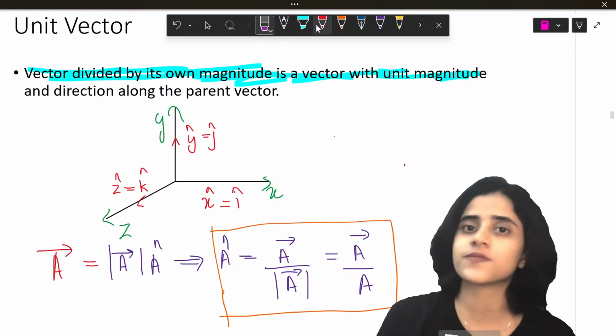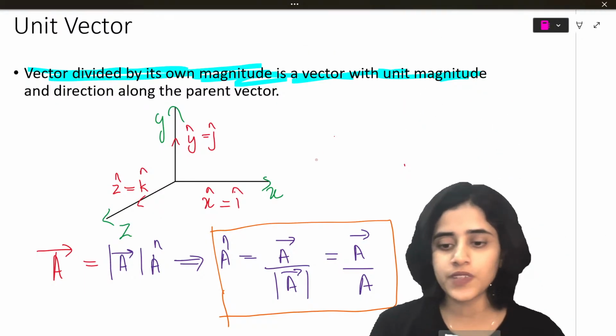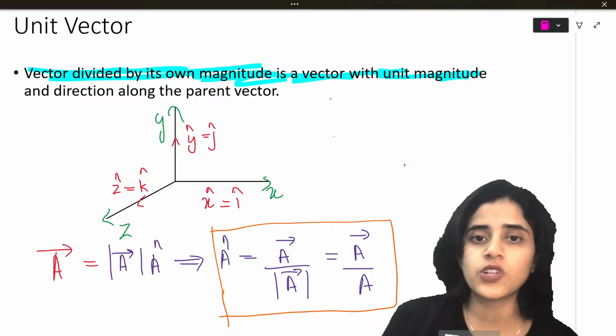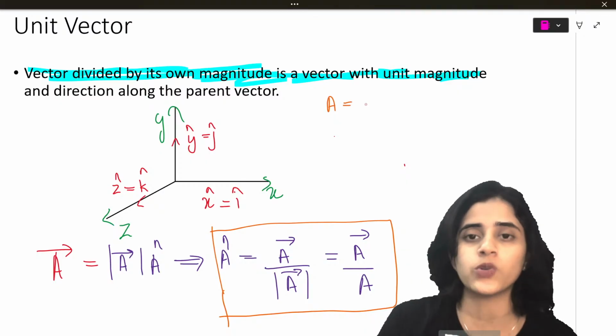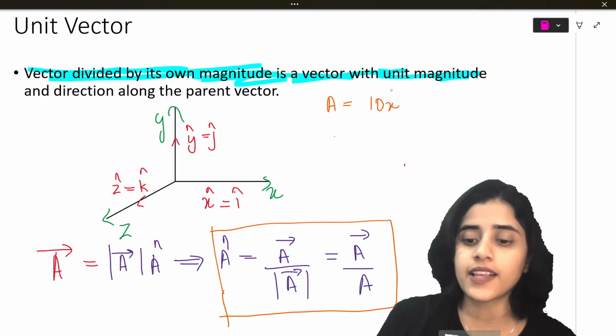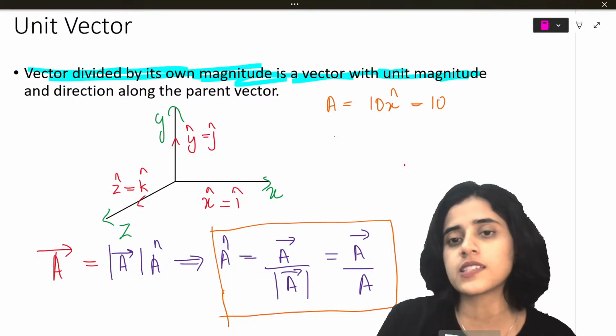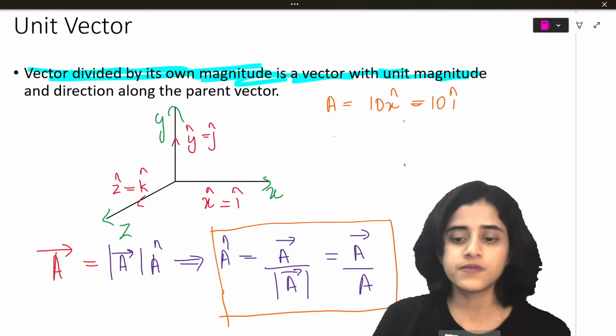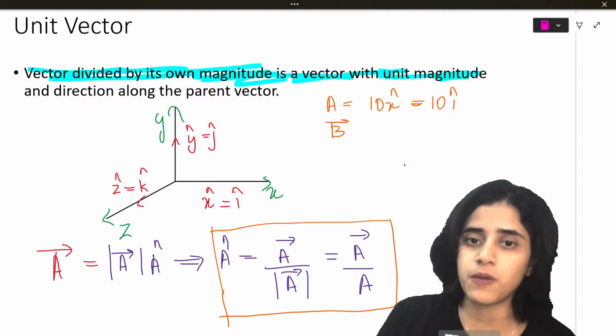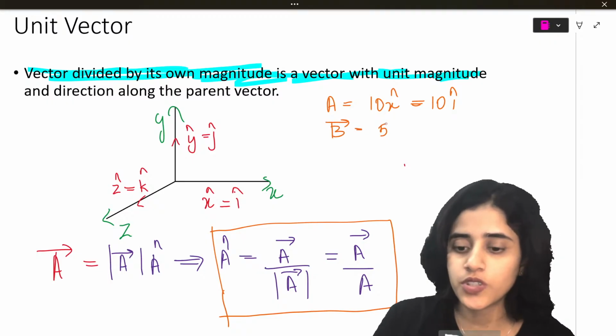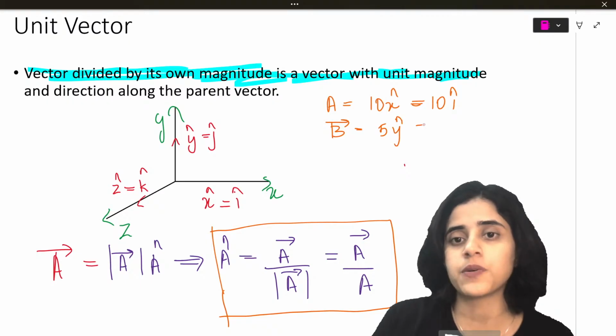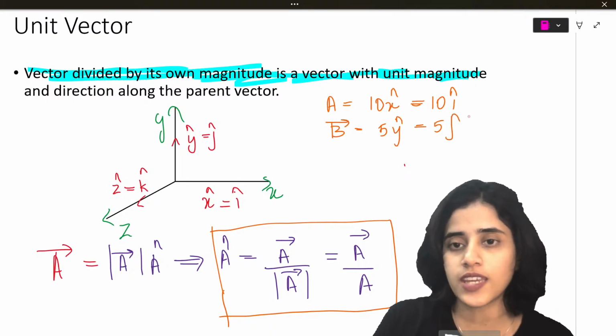Now let's write down an example. Let's say A is equal to 10x cap, which also means 10I cap. Now let's take a vector B which is equal to 5y cap or 5j cap.